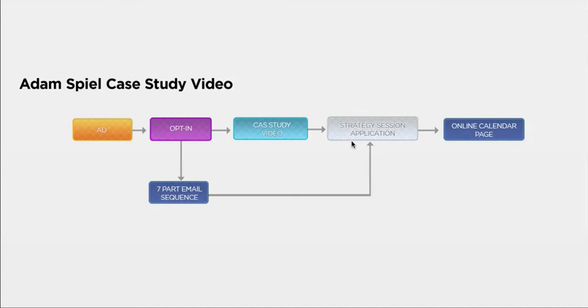And then if you structure your calls properly and you close a minimum of 20% of the people that get on these calls, and the product that you're selling is at least at a $2,500 price point, then you're going to have a minimum of a 500% ROI.